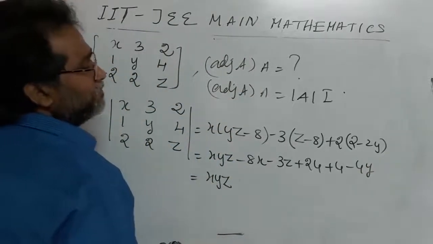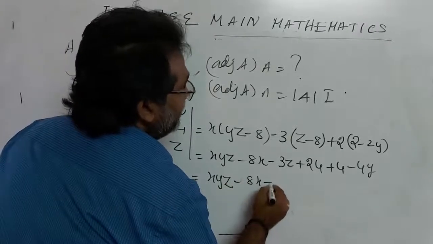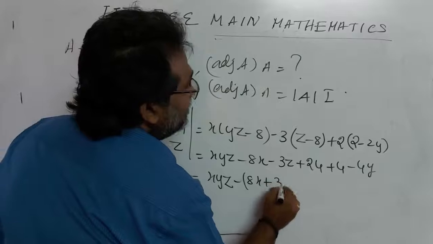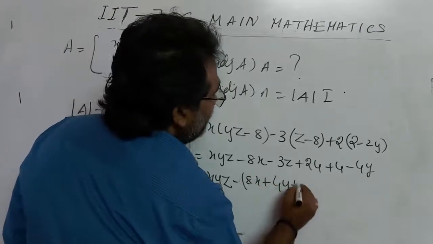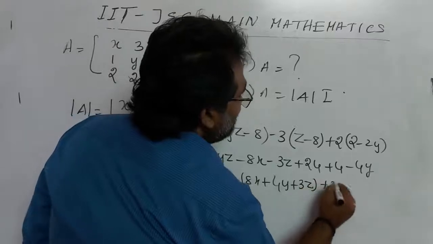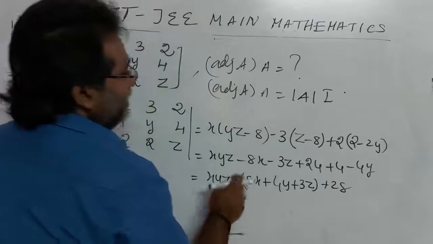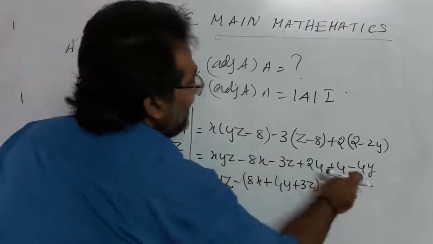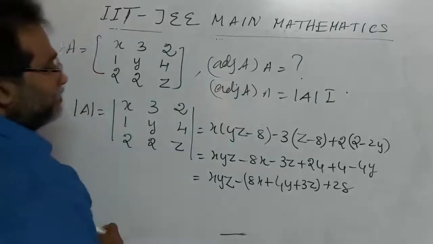That is xyz minus 8x minus 3y minus 4y minus 3z plus 28. Here 24 plus 4 is 28. We take minus 1 common.